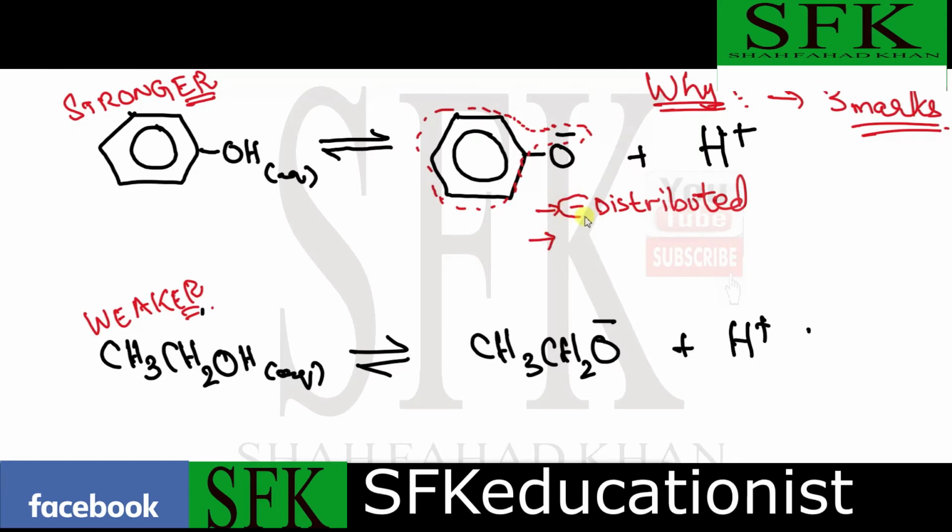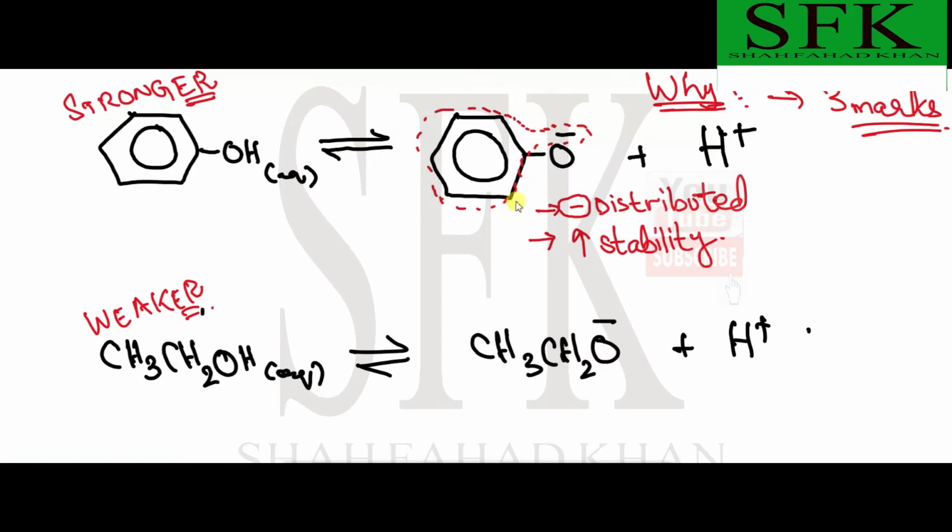Since the charge gets distributed over the benzene ring, this charge distribution increases the stability of this base, the conjugate base of the acid. This is our acid, and this species over here, the phenoxide ion, is the conjugate base of the acid.